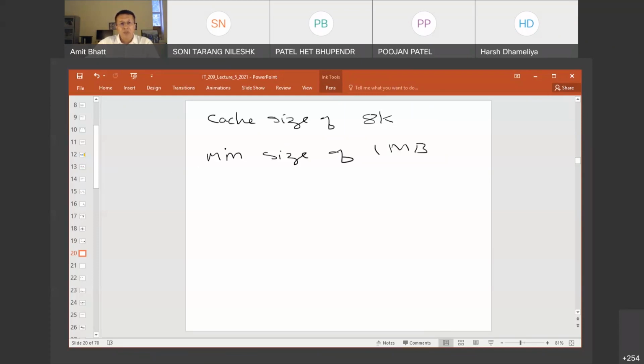Okay. So now, what is the overall bits, tag bits, and index bits? So index bits by definition is what?